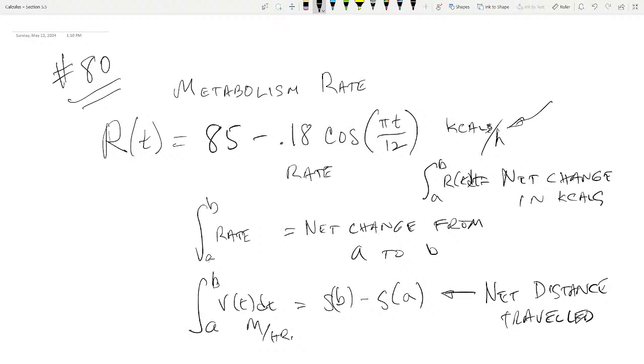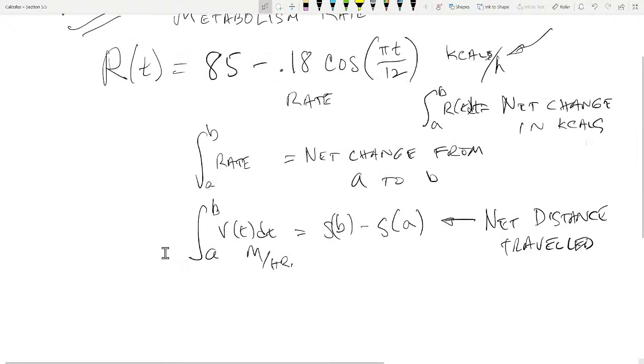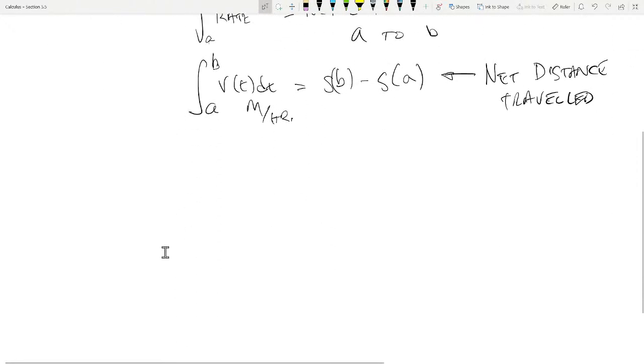So that's what the problem is asking you to do. They give you the integral to do. What they're asking is, what is the net change, or how many kcals is a young man going to burn, if that's the formula that governs it.